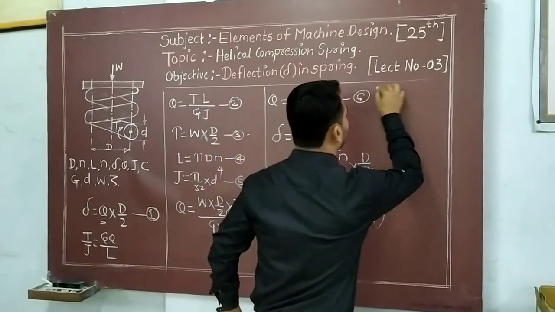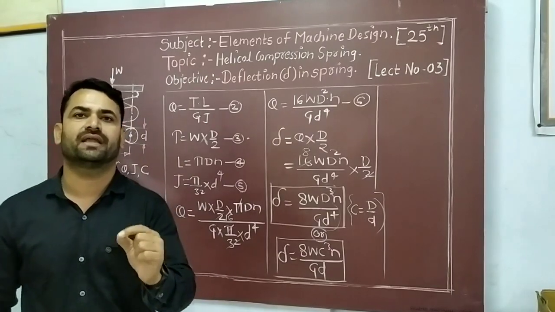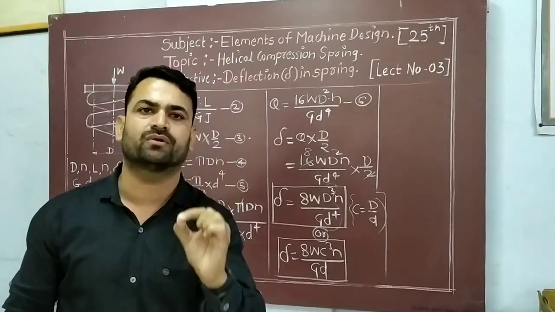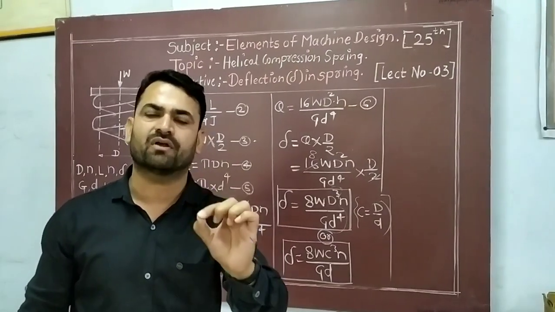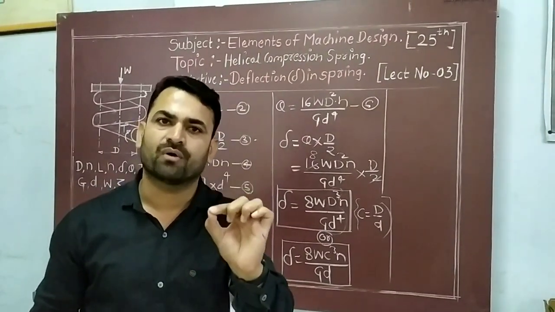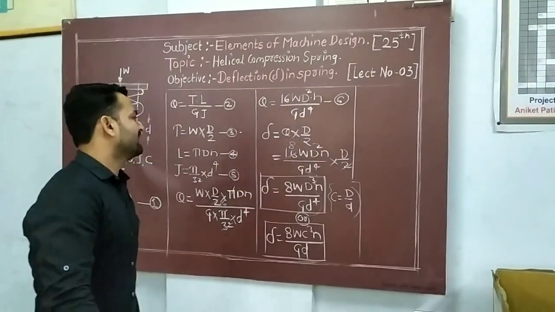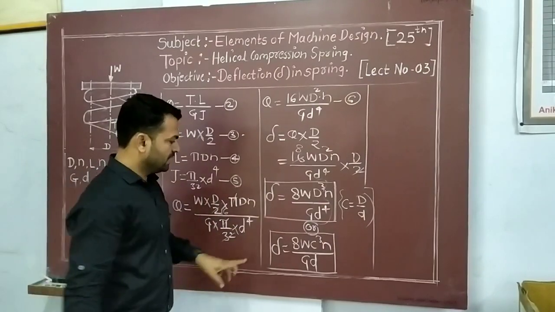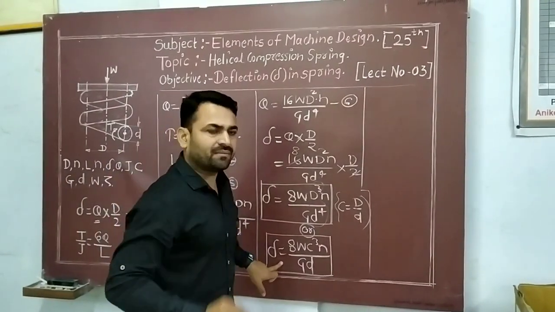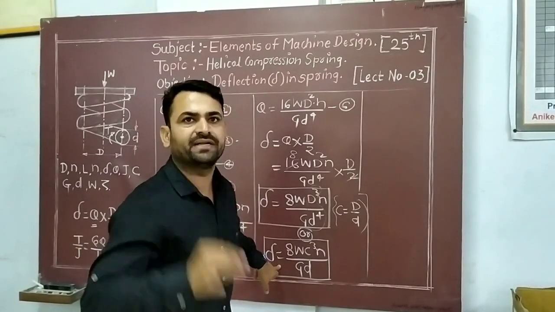Up to here, I hope you understand this concept of finding deflection in the helical compression spring, which plays a very important role while designing the spring, especially for calculating the number of turns. One more point remains. In some exams, deflection per unit turn is to be found.